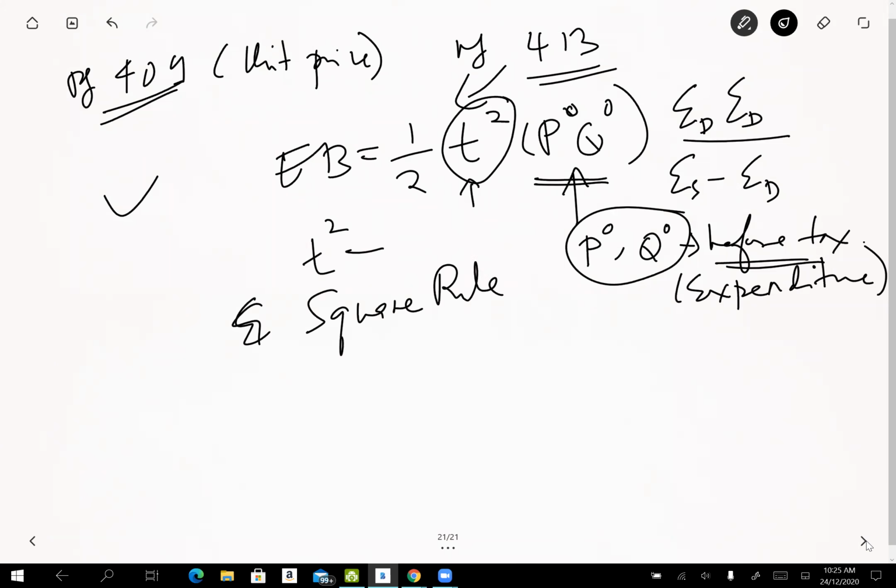The square rule implies that the excess burden will increase. It's a negative value, we know it's a negative value.